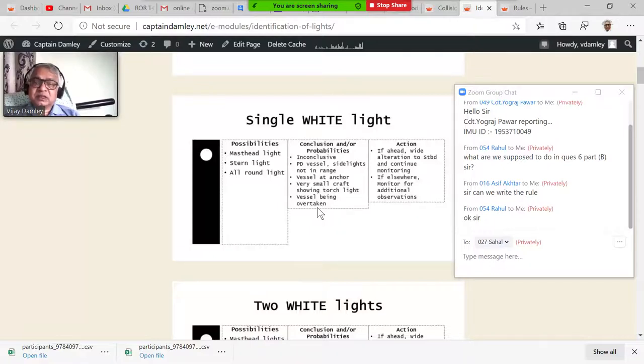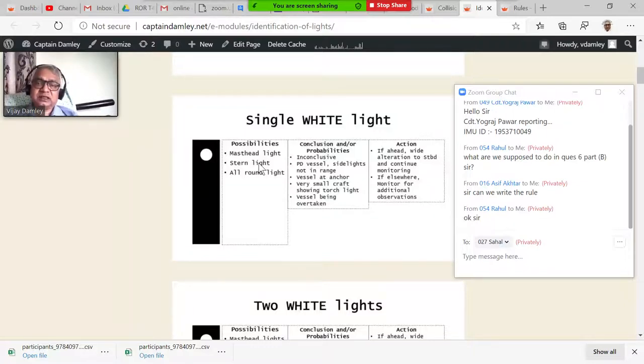Also remember certain things. Masthead light is your highest light, means tallest light. That is shown right on top. There is nothing shown on top of masthead light. If you have two, then the rear one is the highest in height. And if it is a stern light, it is your lowest light on the ship. Lowest.